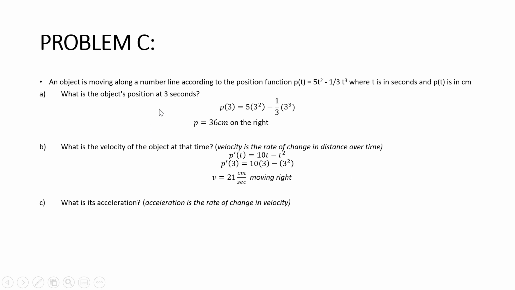So, we're still talking about at the 3-second mark. Now, remember, we started off with a position function, right? We took the first derivative of that. It is a second derivative, Adam. You're quite right. So, I took the first derivative of that function, and it worked out to be this function here, 10t minus t squared. That is my velocity function. The first derivative of the position is velocity. And look at what Adam just said.